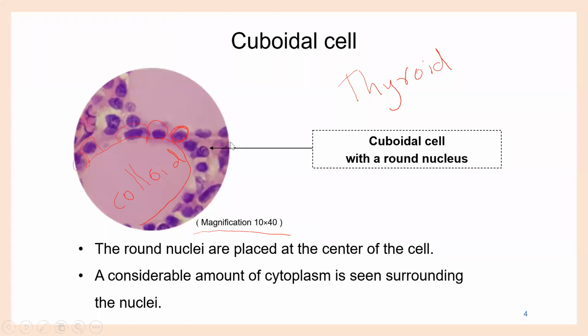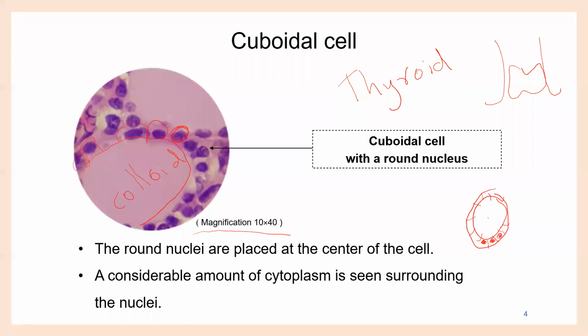So you know the thyroid gland, which is in your neck. It's a butterfly-shaped gland in your neck. If you take a cross section of it and look at it, it will have these follicles, as I showed you in the glandular classification lecture. In the center is colloid, and the cells are cuboidal, a single layer of cuboidal cells with central rounded nuclei.